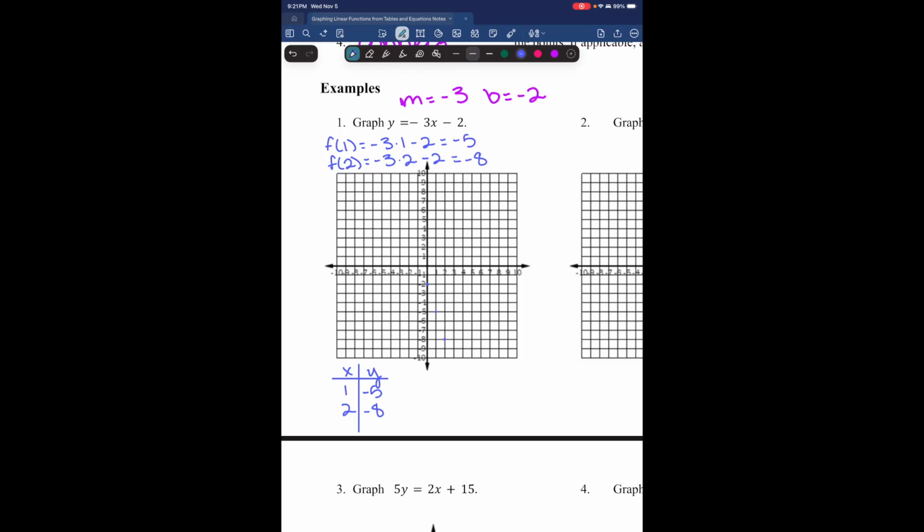So I know every time I move to the right once, I'm moving down 3. I can also do that to get my other point, going backwards: left once, 1, 2, 3.